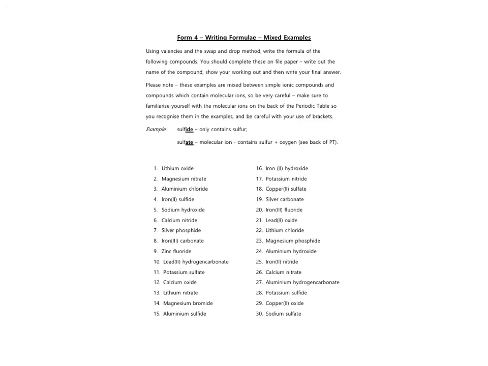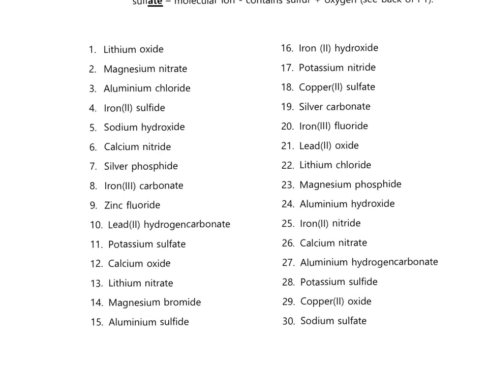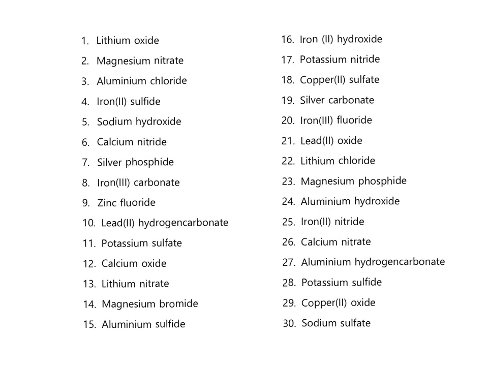So what I would like you to do now is, and you can just pause the video and use the examples from the screen, or this worksheet is in your file section of Teams. I've given you a few examples of some mixed compounds, so ones that are simple and ones that contain a molecular ion. So each time, first of all, ask yourself, is this simple or is this a molecular ion?